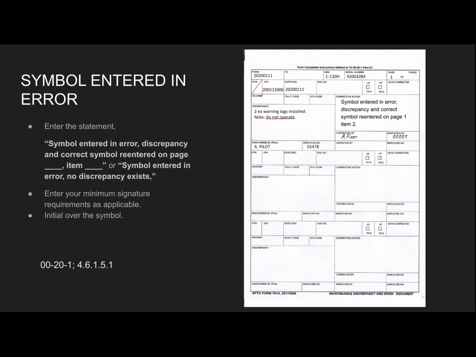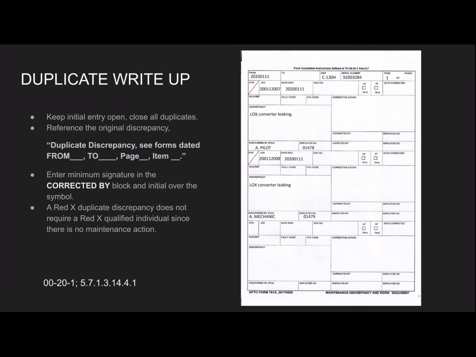So in this situation, we have a warning tag write-up, which would be a red X condition, but the person put it in under a diagonal. So in order to record that it was an erroneous symbol and write it up as an X, this is what you would do. You're going to enter the statement in your corrective action, symbol entered in error, discrepancy, and correct symbol re-entered in, and then you're going to reference where you're writing it up.